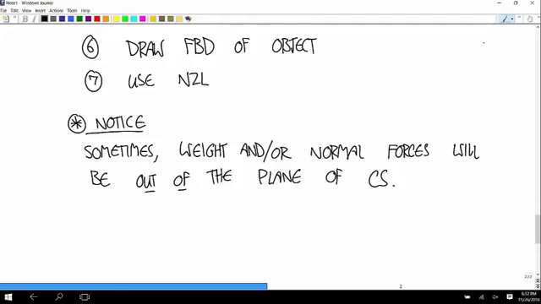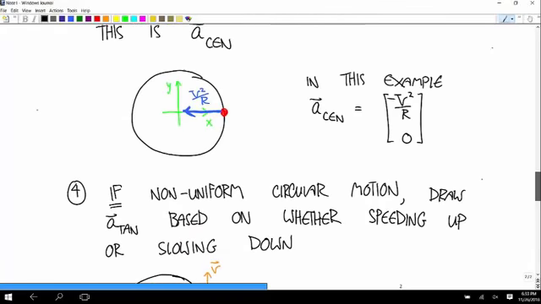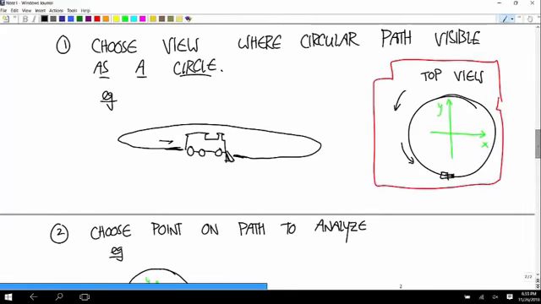An example of this is this train example that I've been doing. So look at it from the side and imagine a free body diagram of the train. The weight force is going down there. The normal force would be pushing up.